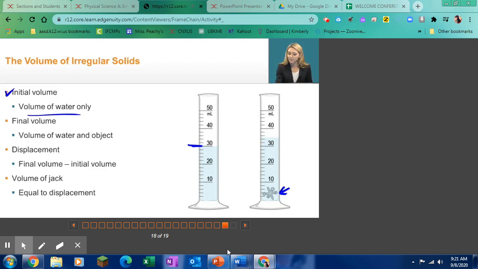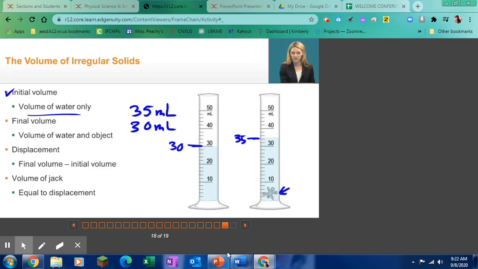Now its water line is here, and you can see here between the 30 and 40 we're counting by increments of 2. So this is actually at 35 milliliters. So our initial amount was 30, and our final volume of water was 35. To find out what the volume of the jack was, it's really simple. We just take the final volume, 35 milliliters, and subtract the initial volume of water, which was 30 milliliters.